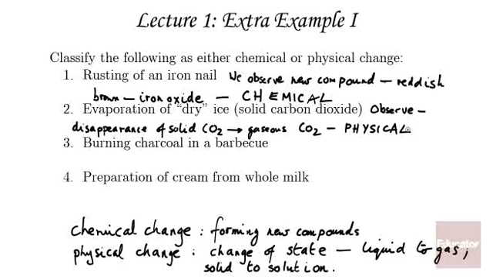The third of our examples is burning charcoal in a barbecue. Once again, we see the disappearance of something. We see the disappearance of the charcoal. The charcoal is, of course, carbon.